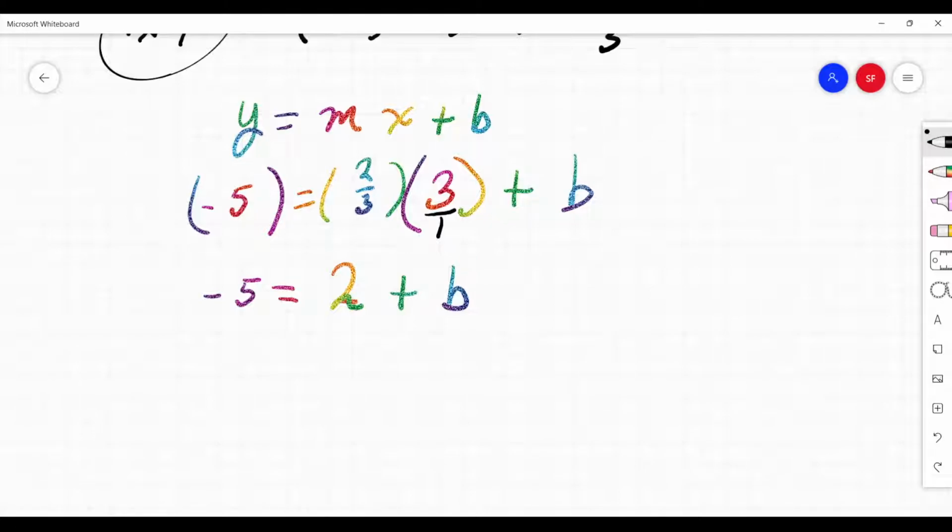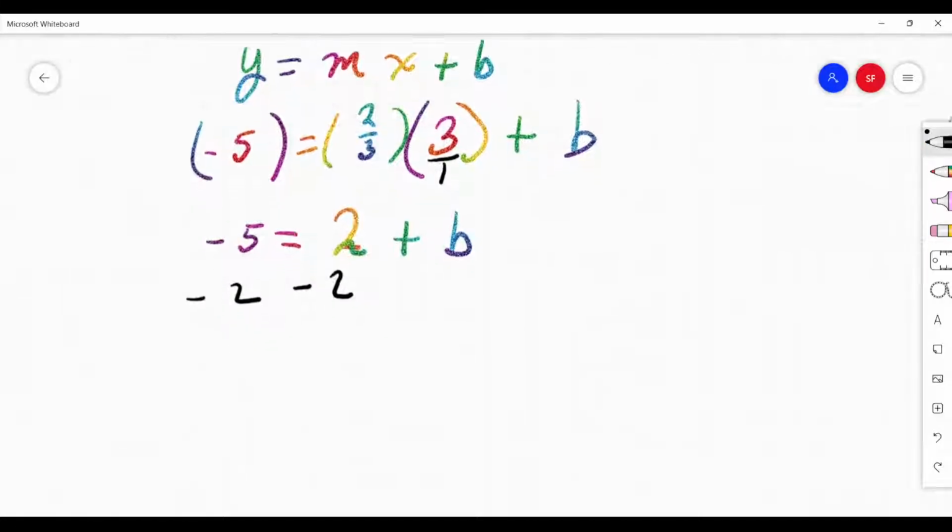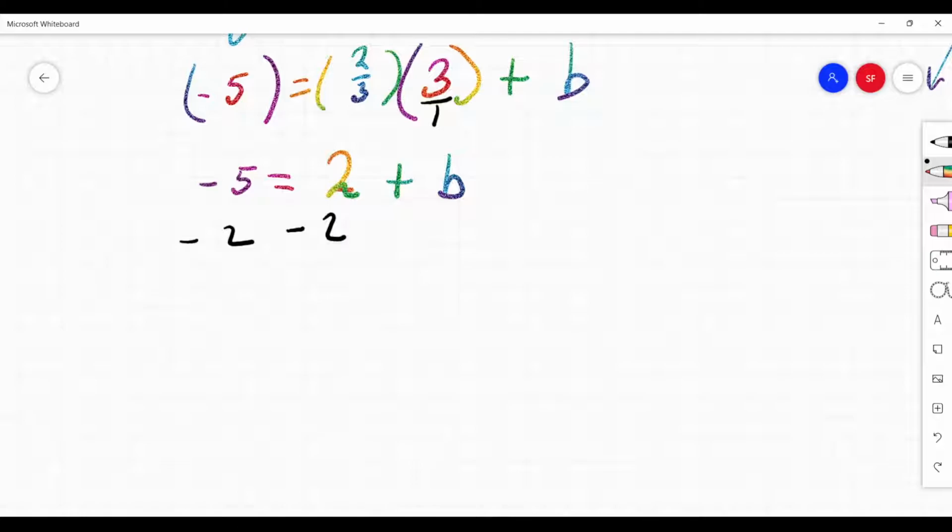And then? Subtract 2 from both sides. Sounds like a good idea. So b ends up equaling? -3? Nope. -7. Signs are the same, so we add and keep the sign.